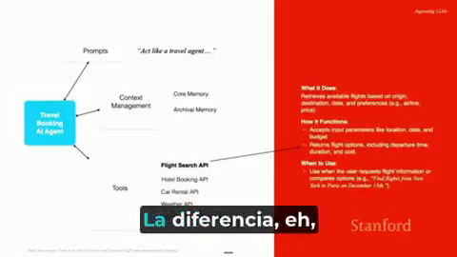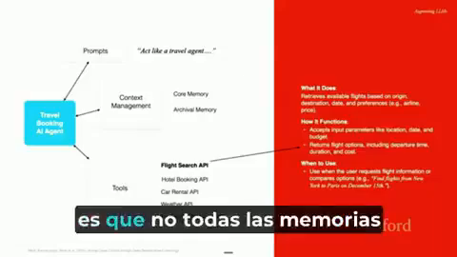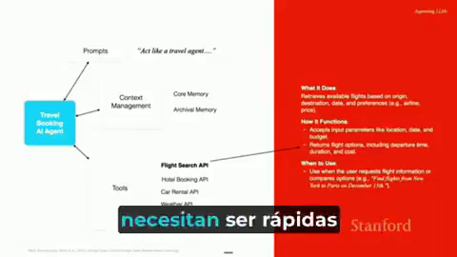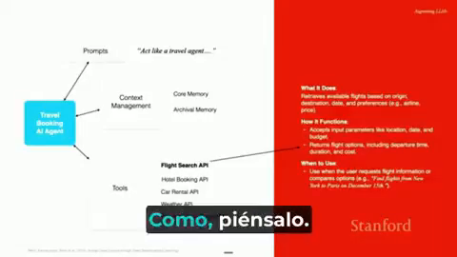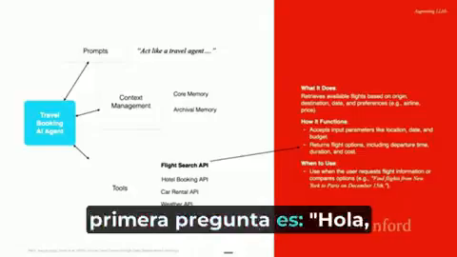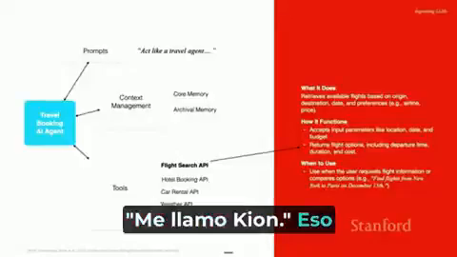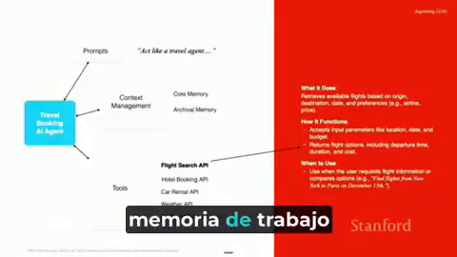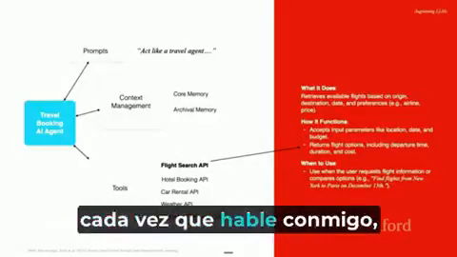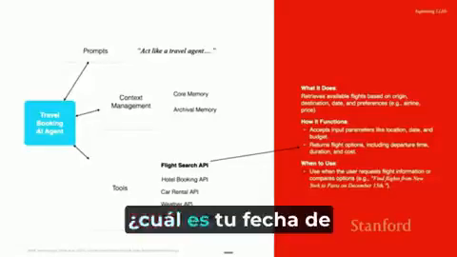What the difference is within memory is that not every memory needs to be fast to access. Think about it. You're onboarded on a product and the first question is, hi, what's your name? And I say, my name is Keon. That's probably going to sit in the working memory, because every time the agent talks to me, it's going to want to use my name, right? But then maybe the second question is, Keon, what's your birthday?